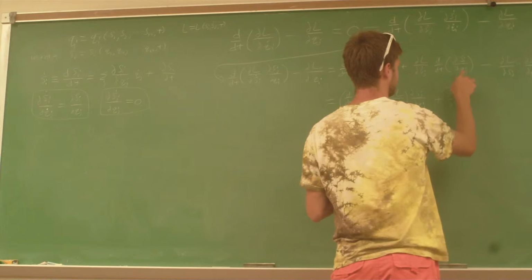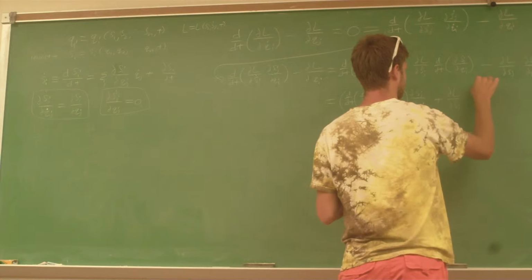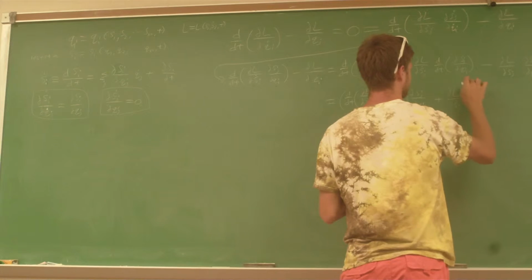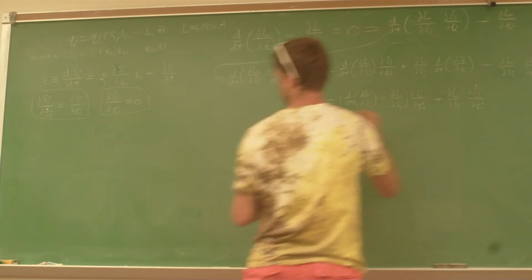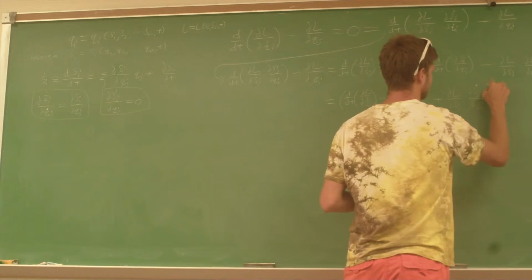Now, this just evaluates to partial Sj dot with respect to Qi. And then our last thing here says that this goes to 0.